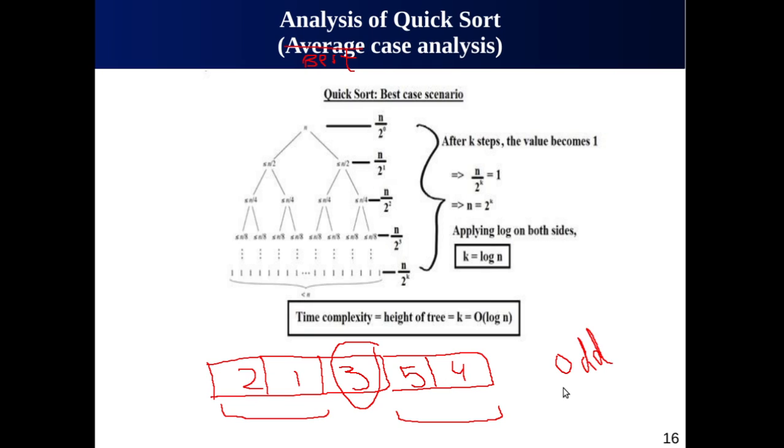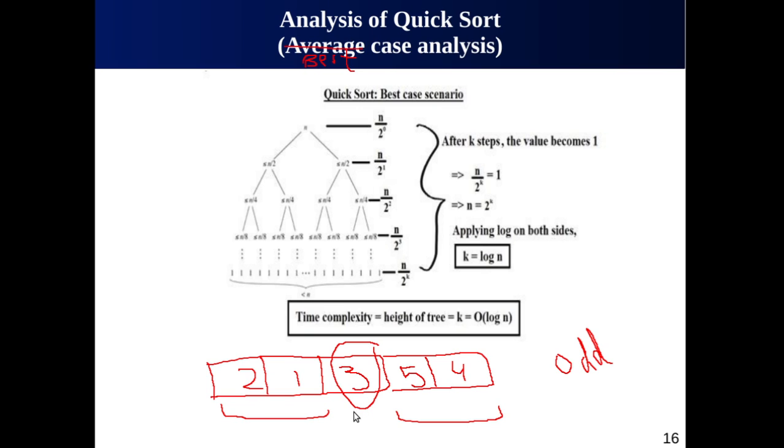So in the first case, both sublists will have an equal number of elements, and that is possible when the given array has an odd number of elements and the pivot is in the right place.